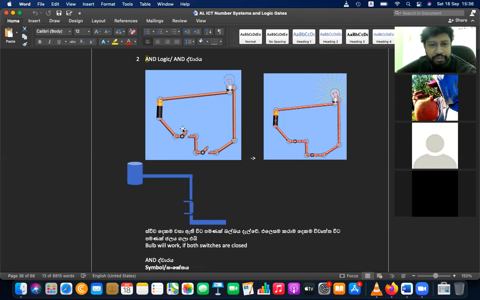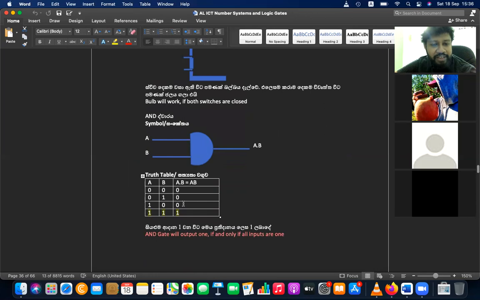Here also, if you switch on both, or if you close both switches only, the bulb will work. So here you can see the completion of the circuit. It is the other way. If both inputs are 1, then output is 1. 1 means the on state, or maybe you can say valve open state. So whatever the state, a working state.